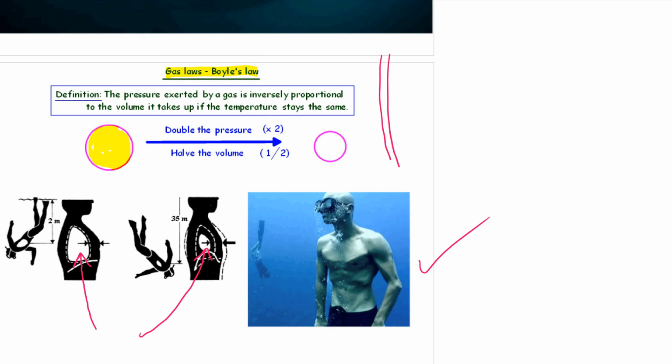If you double the pressure, you half the volume. Let me go through that again. You've got a certain volume at the start, but if you double the pressure on it, you half its volume. So it's squeezed down, just like these lungs have been squeezed down, just like his body has been squeezed down.